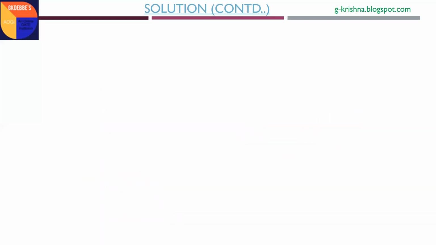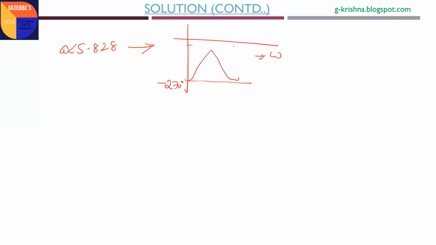Therefore, our conclusion is: if a is less than 5.828 for the same question, the phase plot will be like this, where the phase plot will never cut minus 180, which means the root locus diagram never cuts the imaginary axis or j omega axis, and there will be no value of k for marginal stability.